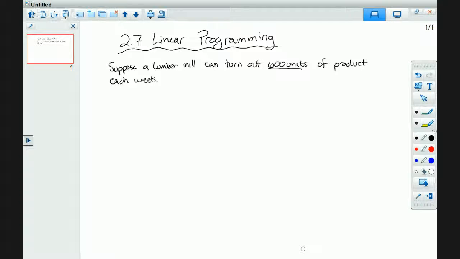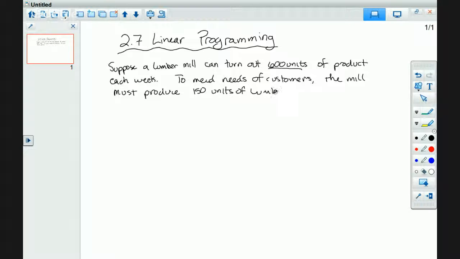To meet the needs of its customers, the mill must produce 150 lumber units and 225 units of plywood.